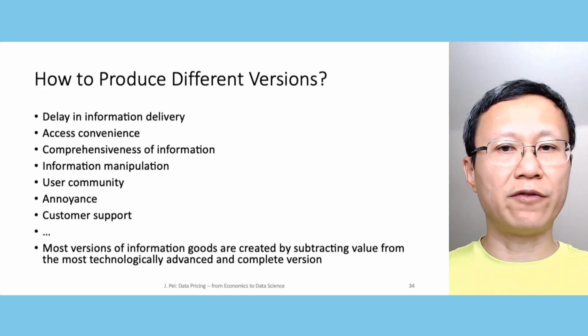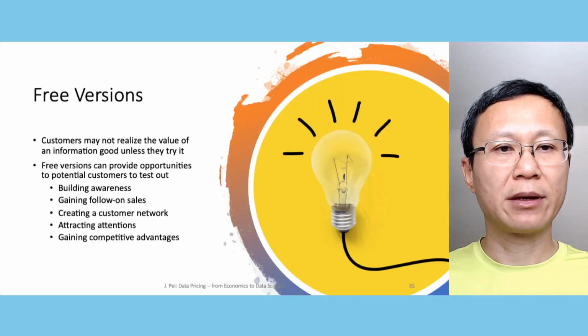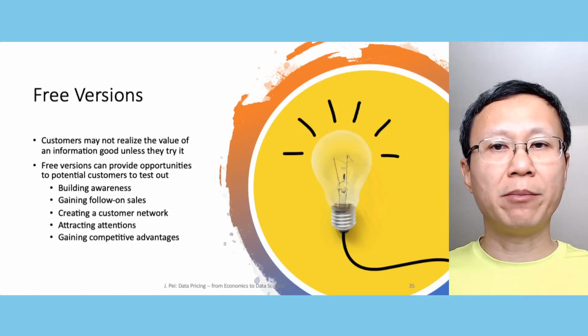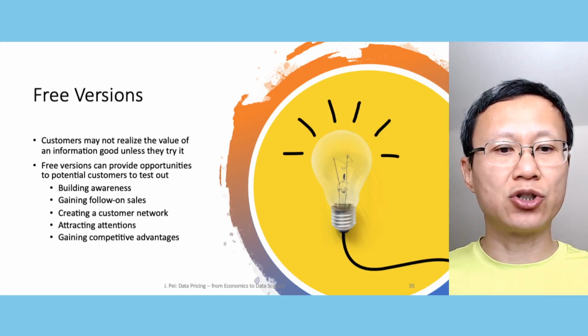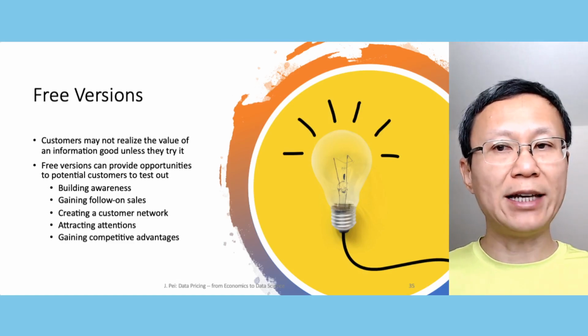Most versions of information goods are created by subtracting values from the most technologically advanced and complete version. In many situations where customers may not realize the value of an information good unless they try it, even free versions may be provided.